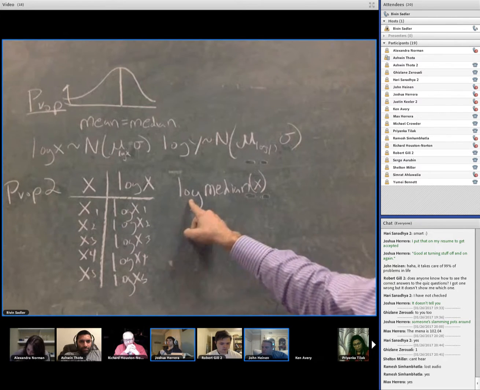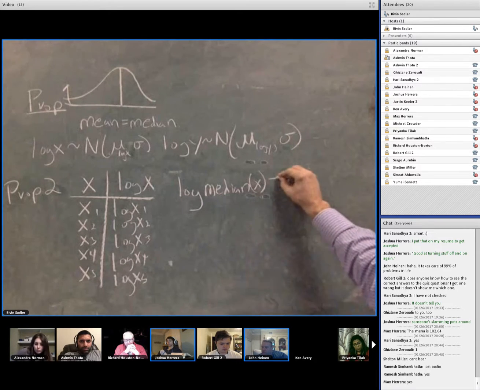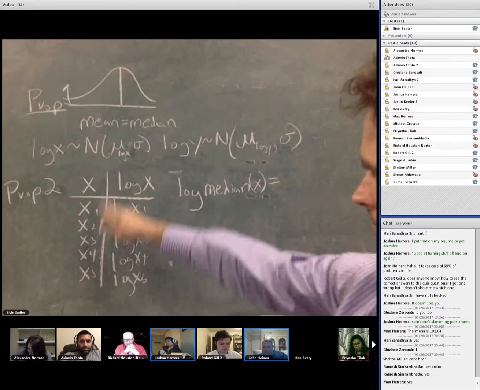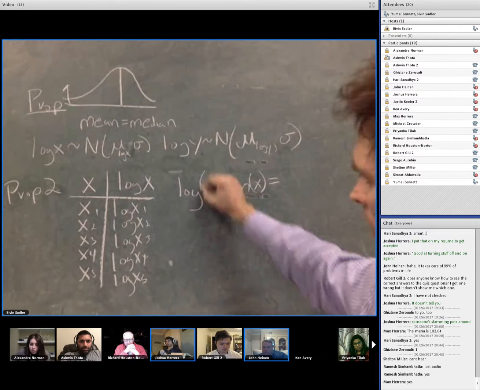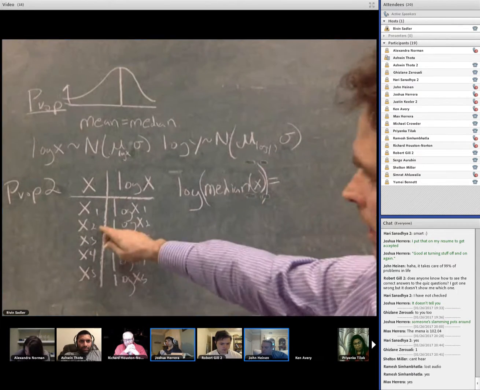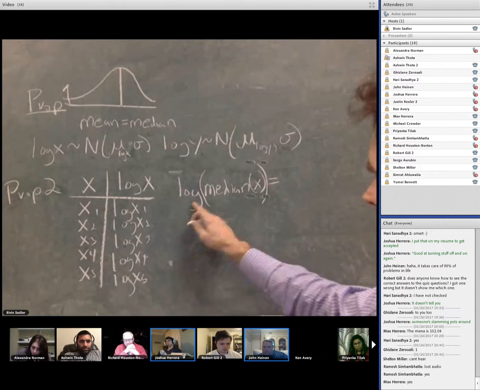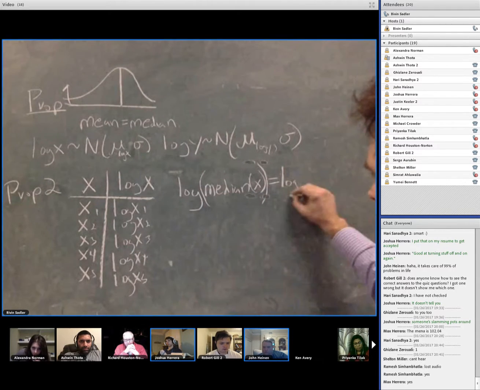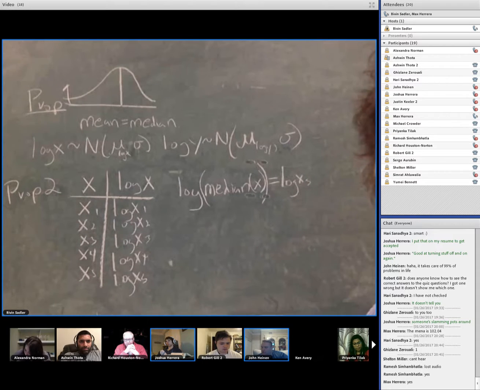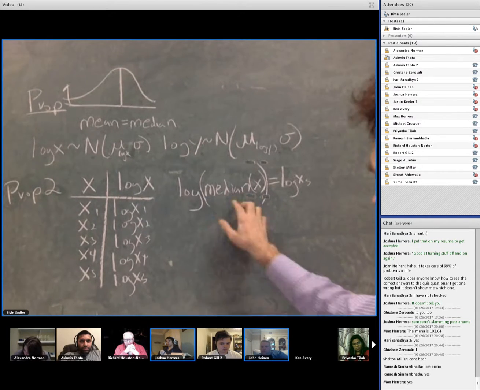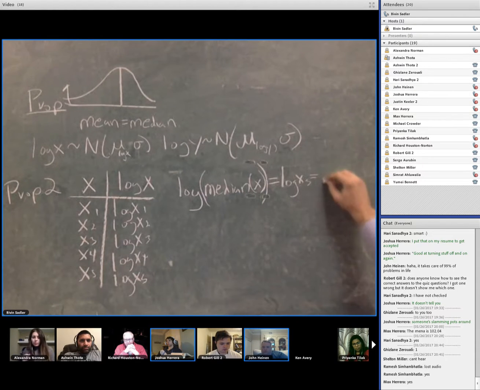The median of x is x3, so the log of the median of x is the log of x3. The log of x3 equals the median of the log of x.